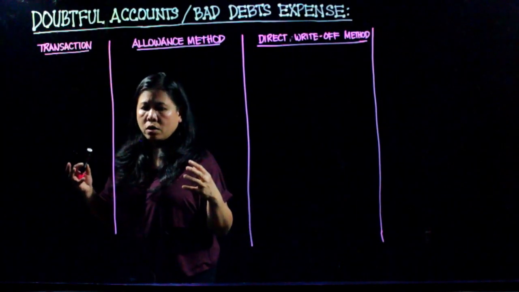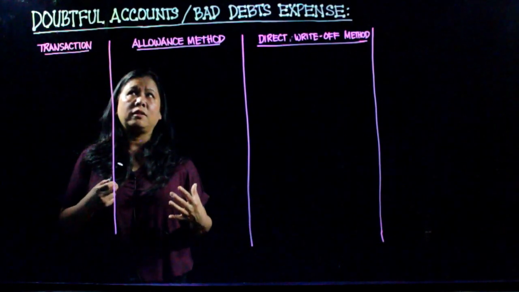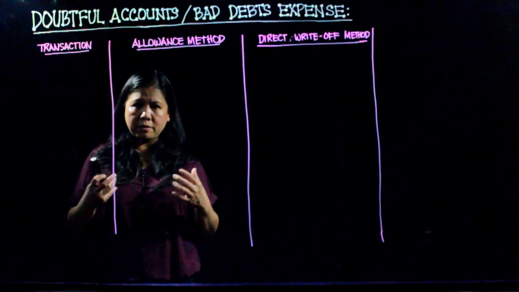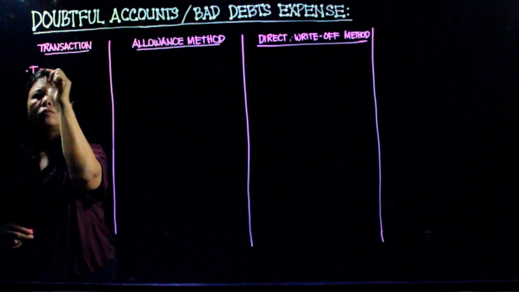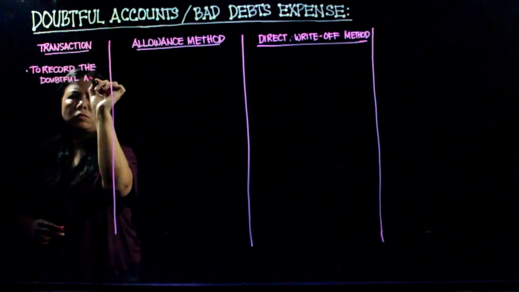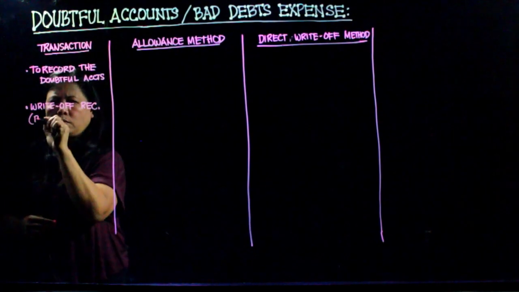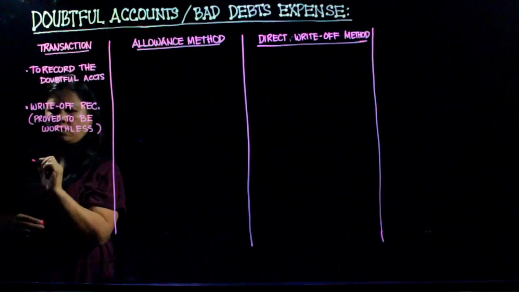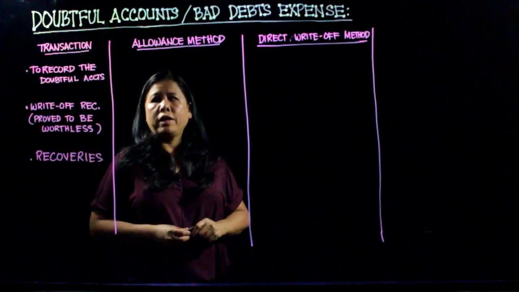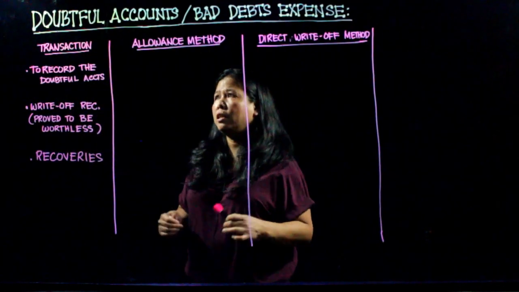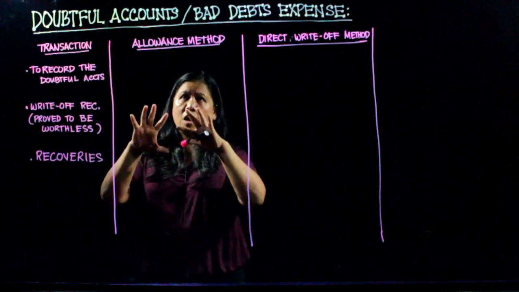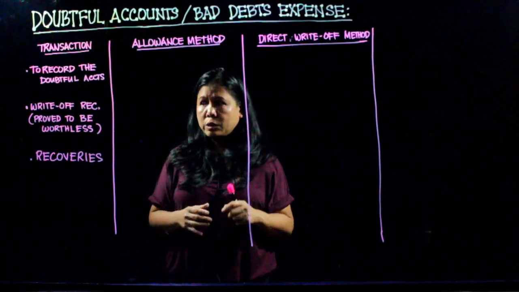So let me write down all the transactions that affect the doubtful accounts or the bad debts expense. All right, these are the transactions that affect the doubtful accounts or the bad debts expense.